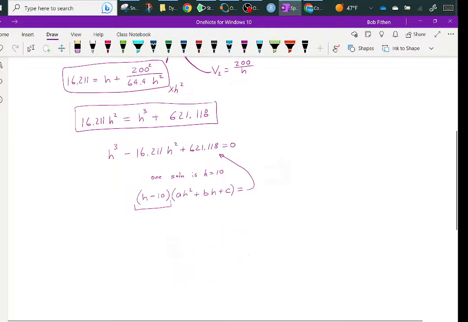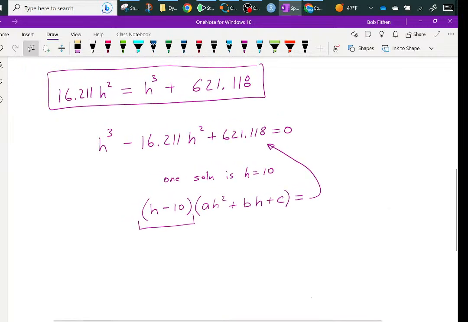So from this, I'm going to go after the A, the B, and the C, and once I have those, I can use the quadratic equation to find this. So I'll take the H cubed against the H squared. There's only one cubic term, and that's that one. Therefore, this is 1.